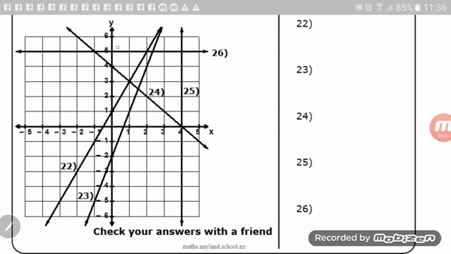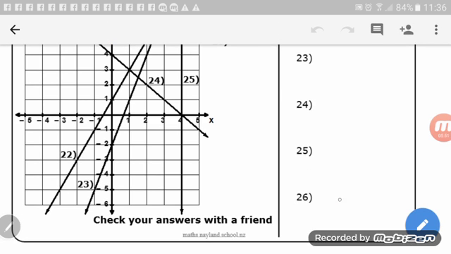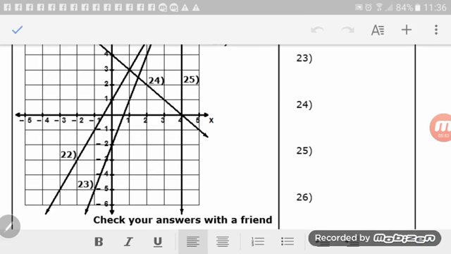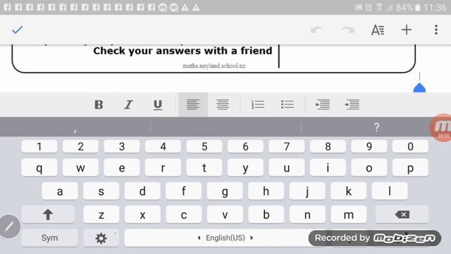So it's going to be y is equal to our constant number. So here it intercepts through, that's right, it goes through 5. So that means our equation for 26 is going to be y equals, can I write on it? No, I can't.